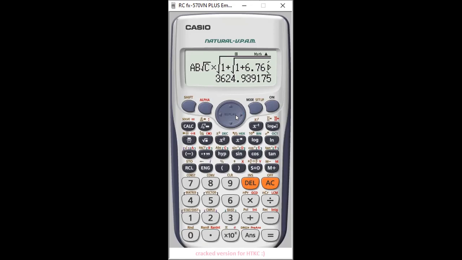So, we have A times B, the square root of C, times 1 plus 6.76, 1 over B and C, and square natin. Okay, so, bakit iba yung value ko, no? Let me check ulit. 6.76.